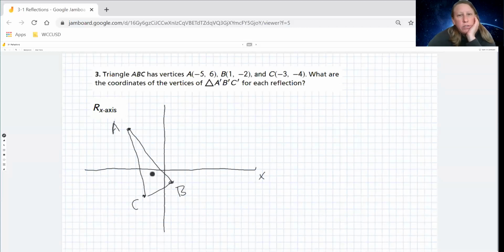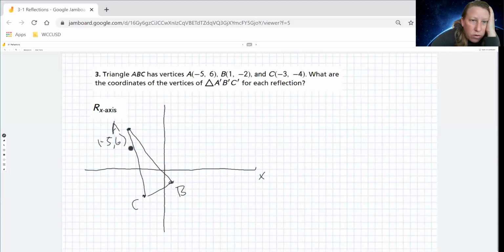And we want to flip this over the x-axis. So we're going to put our mirror right horizontal, and we're going to look in the mirror and see where the points land. So point A is all the way over here. This is -5, 6. And we're going to flip it over the x-axis.